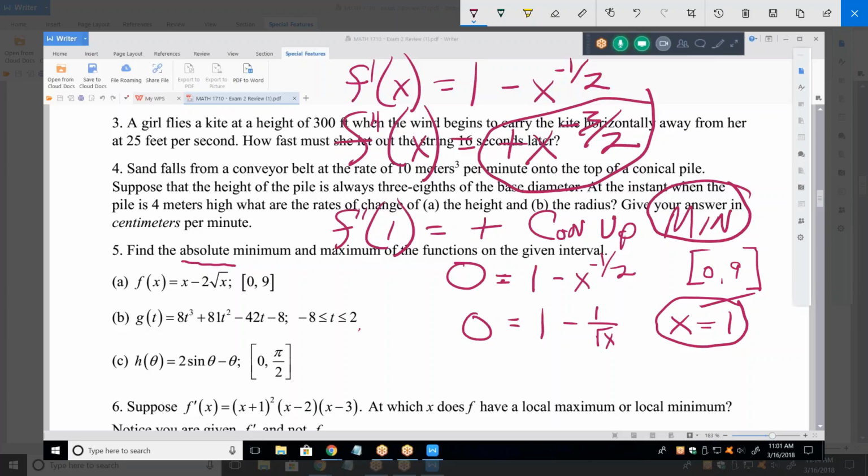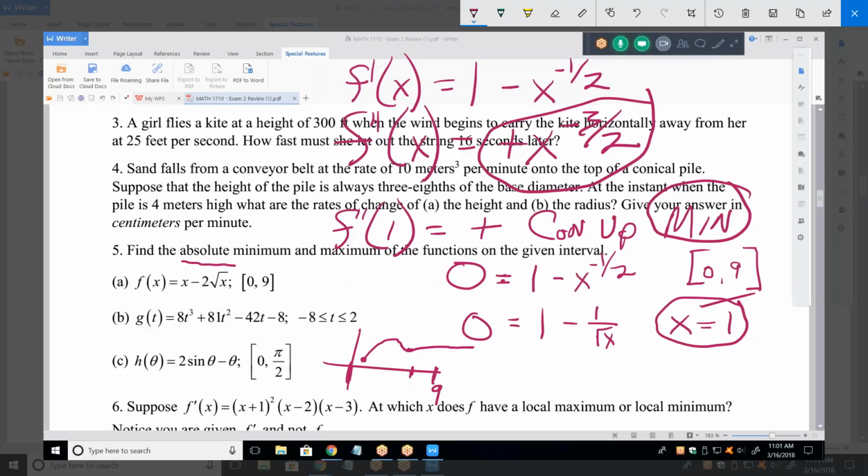In other words, if I have a graph that looks like this, I do a first derivative, I'm going to find this spot right there, which is a relative minimum, but it's not an absolute minimum. Not between 0 and 9. Between 0 and 9, that's lower. And that can only occur at your endpoints.